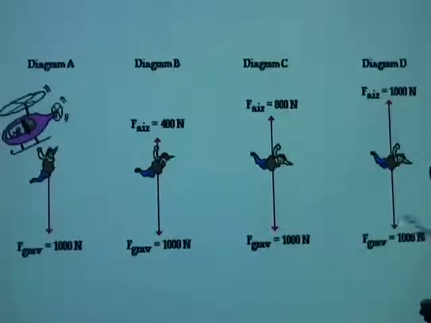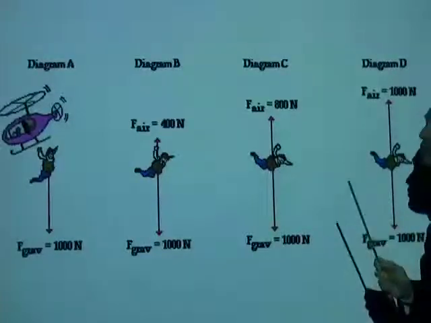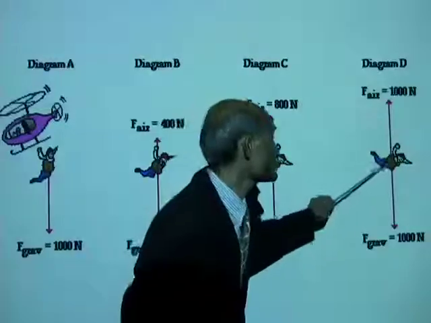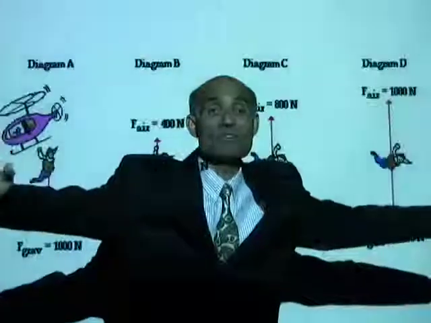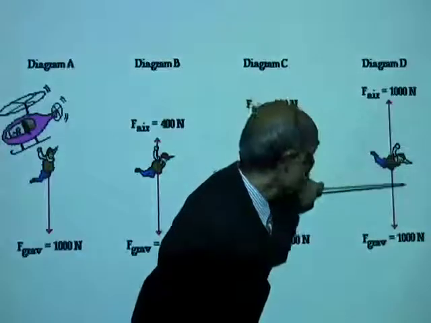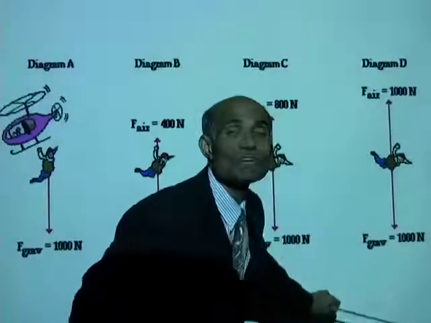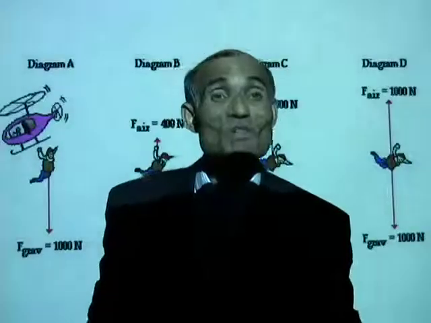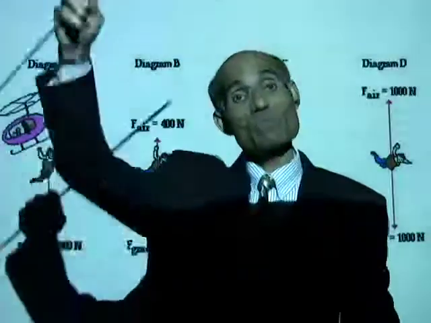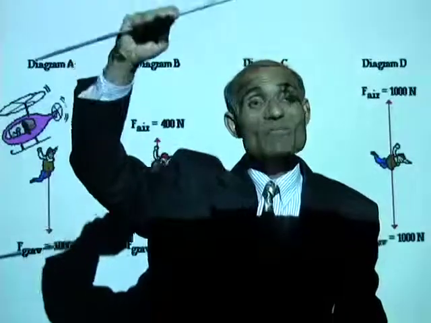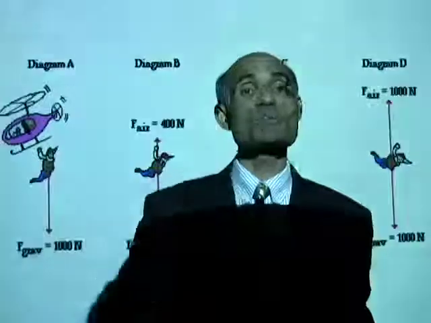The weight is 1000 Newton, the drag force also is 1000 Newton. The forces on the skydiver are now balanced. That means from that time on, the skydiver will be falling with a uniform speed, and that is his terminal speed. Any object that is dropped from a sufficiently great height will eventually achieve terminal speed.